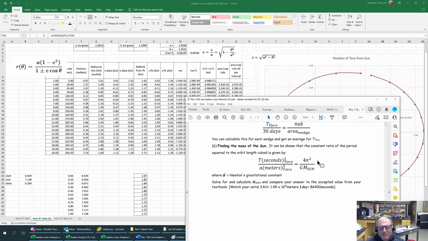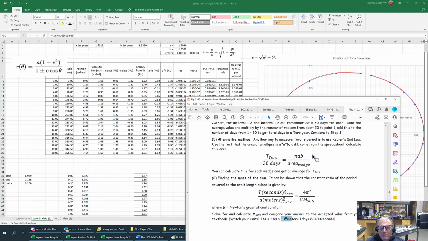And then the mass of the sun, that's great. Once you know the period of Toro in days, you can convert it to seconds. And then A, you need to convert to meters, because remember, our A is in AUs. Would it work if we used AUs up here?